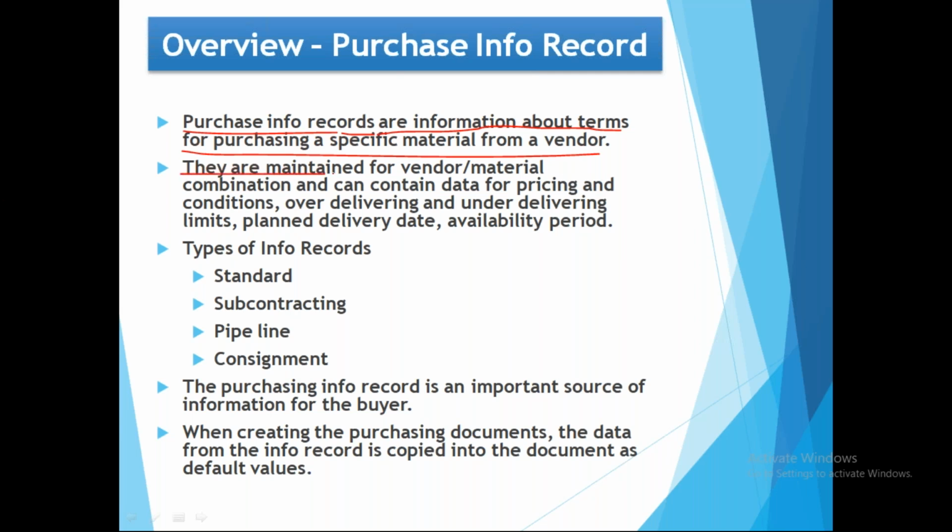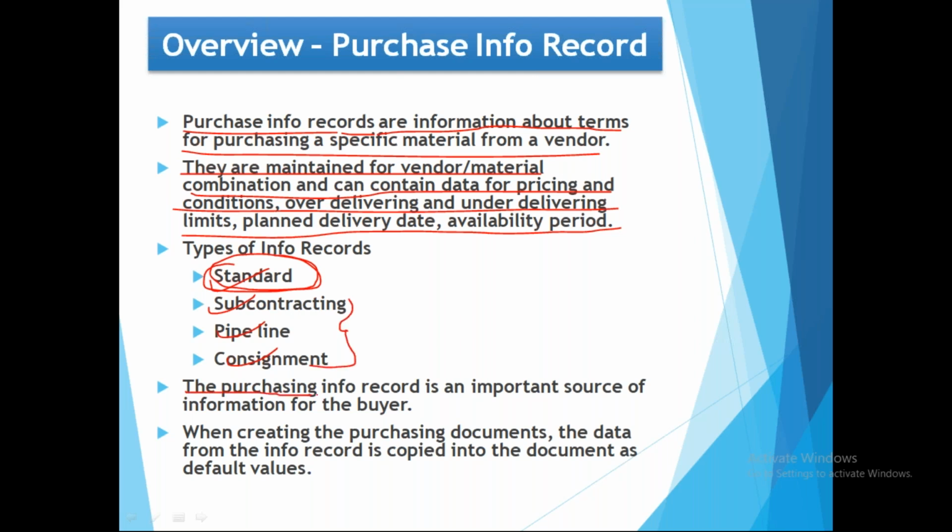They can contain data for pricing and conditions, over delivery and under delivery limits, planned delivery date, and availability period. There are 4 types of info records: standard, subcontracting, pipeline, and consignment. Today we will create a standard info record. The remaining info records we will see in later classes.